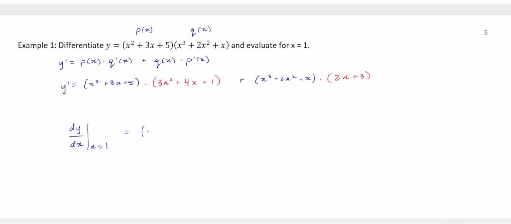So this is going to be 1 squared plus 3 times 1 plus 5, times 3 times 1 squared plus 4 times 1 plus 1. Again, which is going to be 1 cubed plus 2 times 1 squared plus 1, and then multiplied by 2 times 1 plus 3. And just evaluating all of that should give me 92.